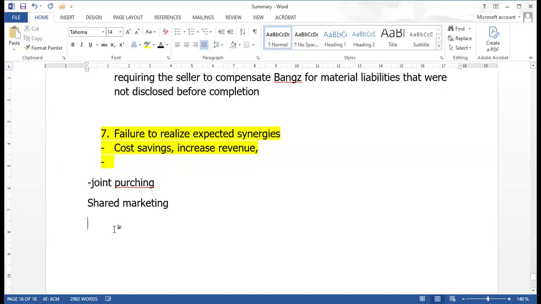You find that there are incompatible systems, which may be really expensive to combine. Or there are duplicated employees, which may be costly to terminate.